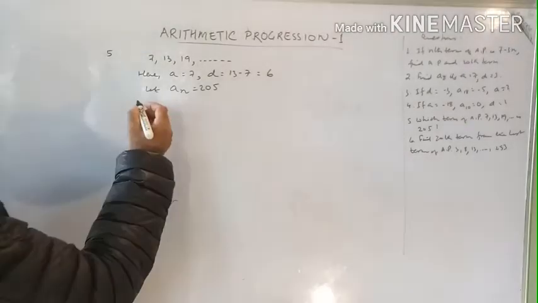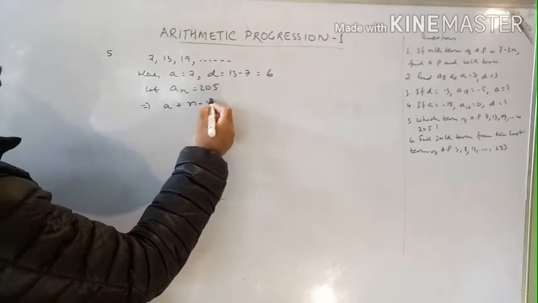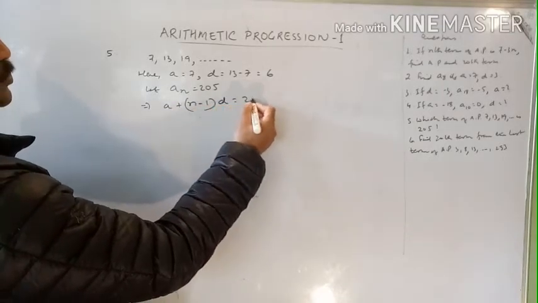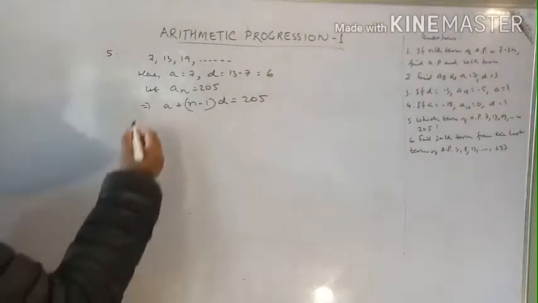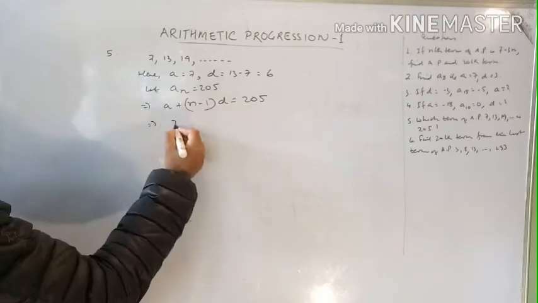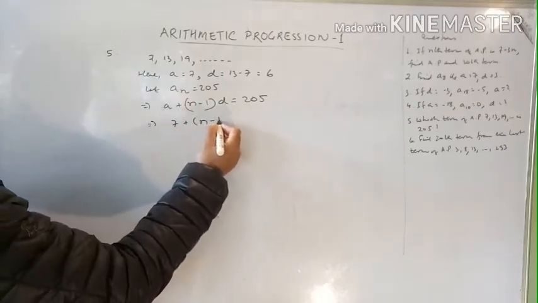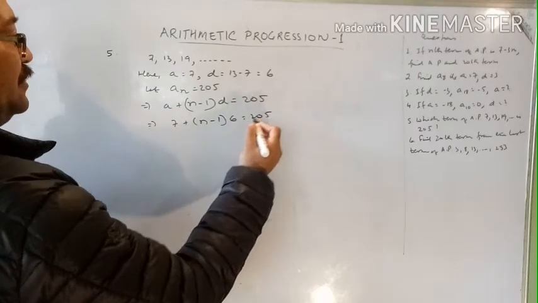So we know the formula: a plus n minus 1 into d equal to 205. We know the values of a and d, so we substitute: a equal to 7, n we don't know so write it as it is, d equal to 6, equal to 205.